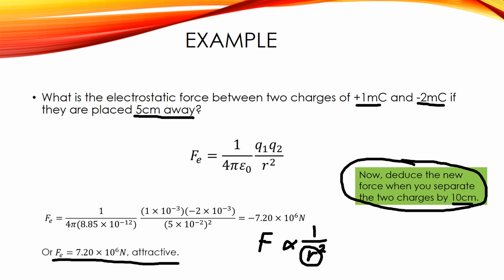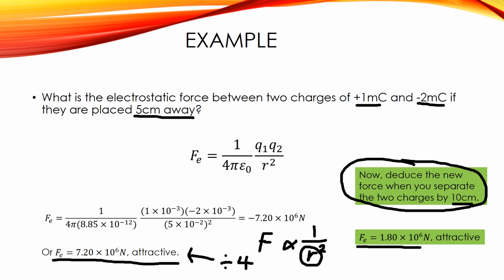So double the distance, the force shall be weaker by 4 times. So what is my new answer? I can take this number here and, 4 times as weak, divide by 4 to churn out an answer of 1.8 to the power 6 Newton.